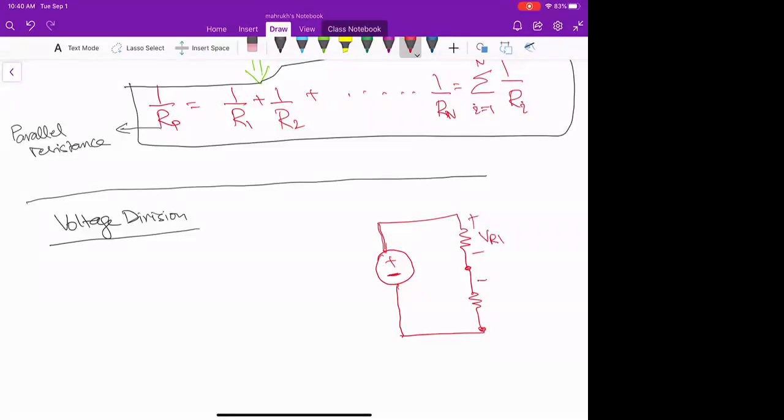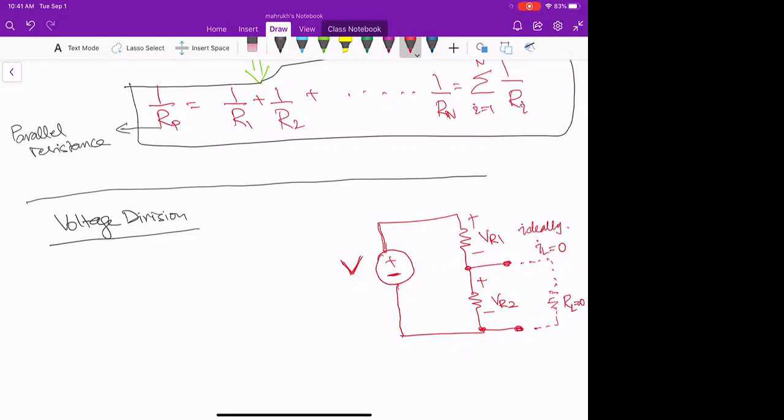So this is VR1, this is VR2, and this is V of t, or V, whatever you're calling it, okay? This is the ideal scenario when we are trying to measure VR2, and we will think that there is an open circuit, that is RL is infinity, ideally IL is 0.